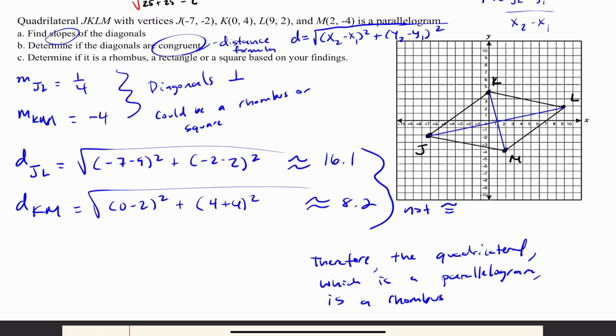Okay? If the diagonals are perpendicular and the diagonals are congruent, then we can say that it is a square. But since the diagonals are not congruent, but we know the diagonals are perpendicular, then we can say that it is a rhombus. All right?